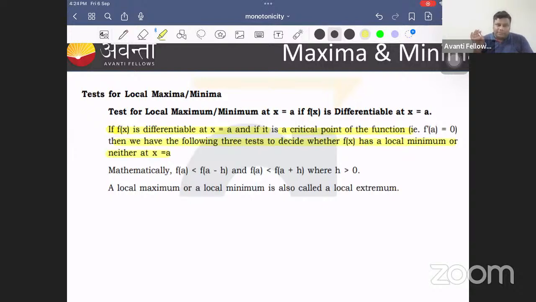So mathematically, whether the function is derivable or non-derivable, simply what do you see? f(a) is less than f(a minus h), f(a) is less than f(a plus h), then x equals a is minimum. Got it?